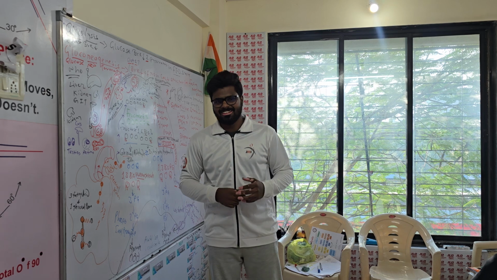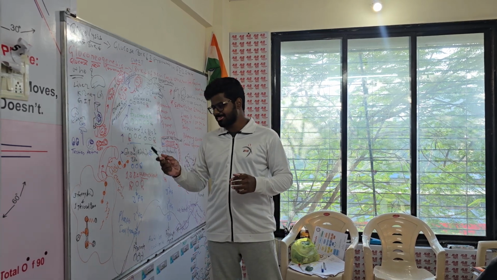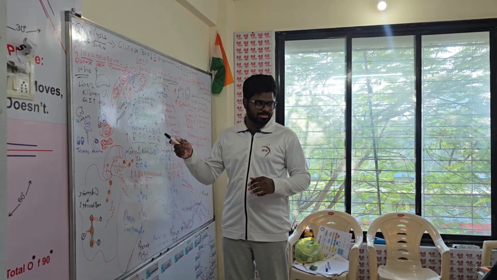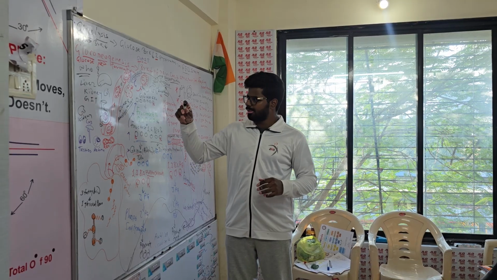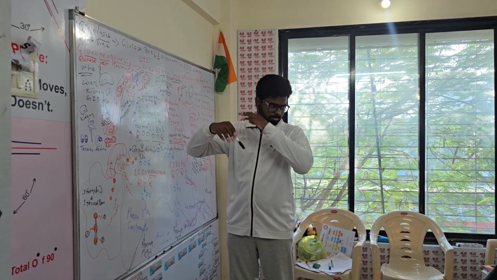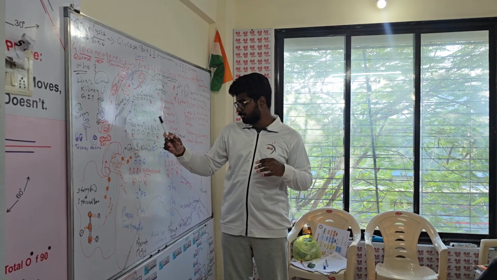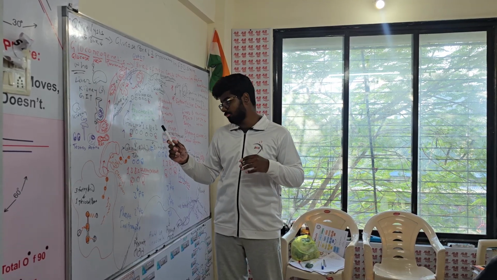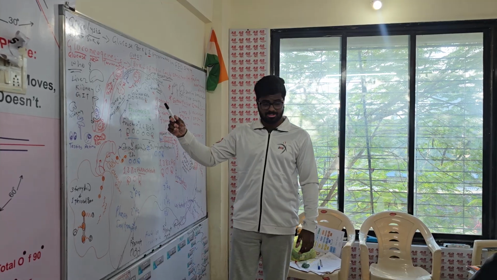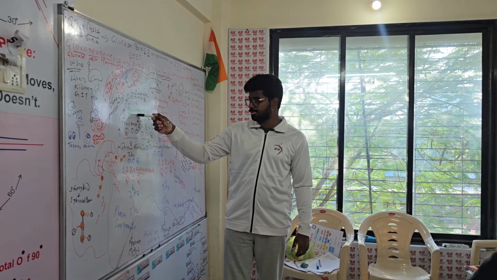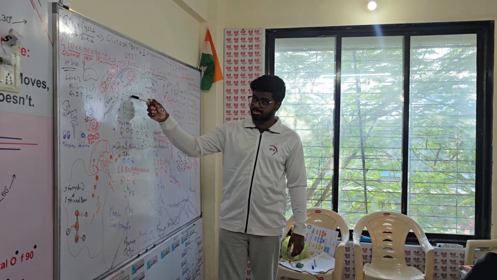Let's say it welcomes it into the glyceraldehyde family, and the process starts from here, and then the process will be reversed. The glyceraldehyde will come to fructose 1,6 bisphosphate, and it will turn into fructose 6 phosphate, and then into glucose 6 phosphate.